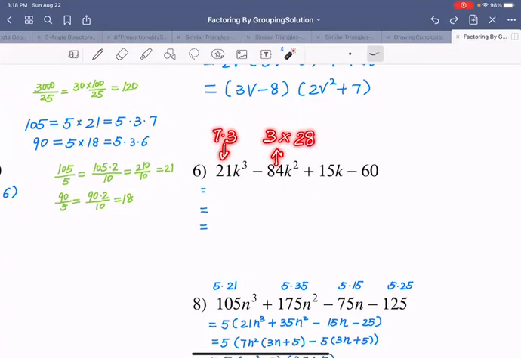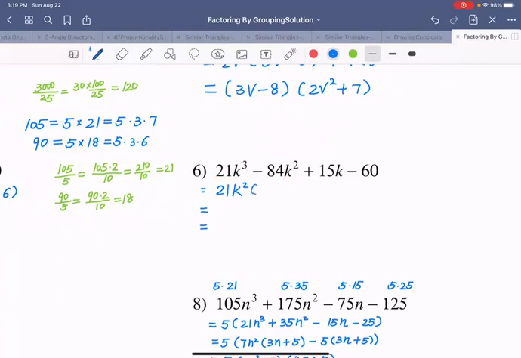Correct. 28 is also divisible by 7, correct? Did you notice that? This guy is 21 times 4. Yes. So you can take out 21, right? So you will take 21 and the k squared, right?